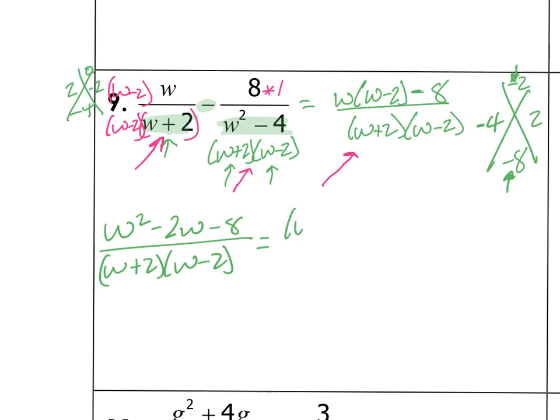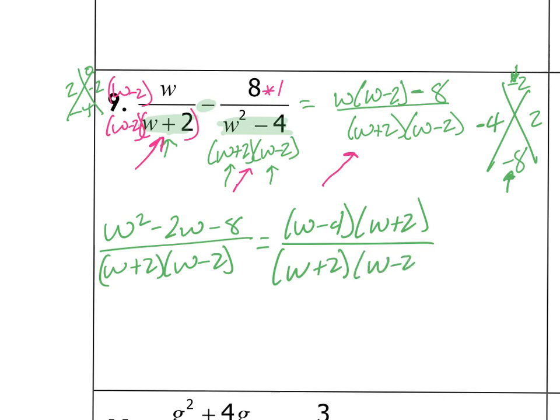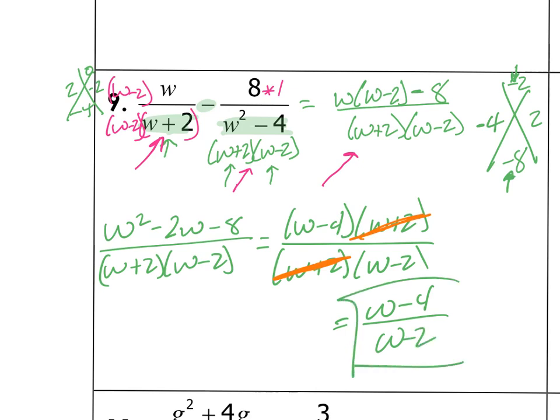So I've got w minus 4 times w plus 2 over w plus 2 times w minus 2. The w plus 2 cancels. So my answer is w minus 4 over w minus 2.